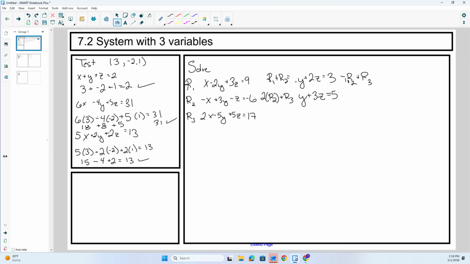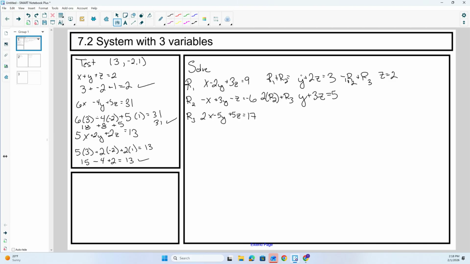So negative y plus y gives me 0. Negative 2z plus a 3z gives me z. Negative 3 plus 5 gives me 2. So now I have z is equal to 2.